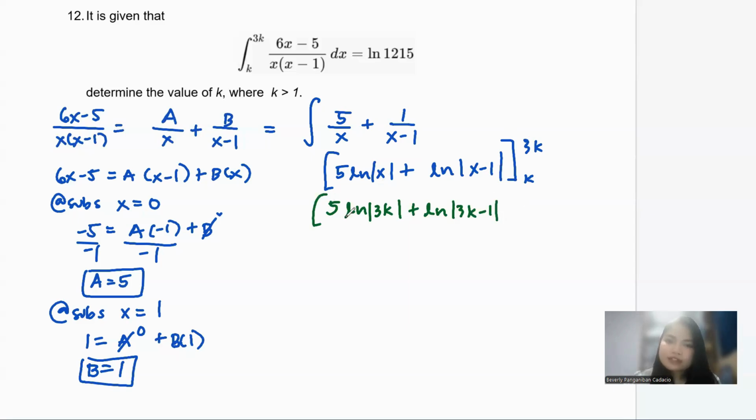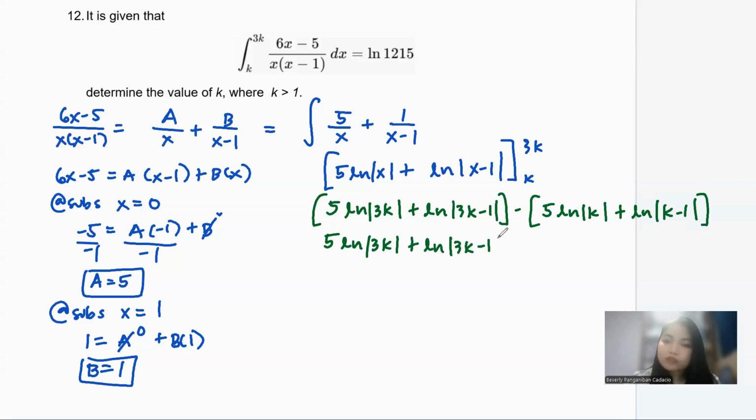And then I will just put a big bracket here, and then minus, don't forget, 5 ln k, and we have plus ln k minus 1. Okay, maybe the easiest here is for me to distribute first. And yeah, you have 5 ln 3k. Let me just distribute.